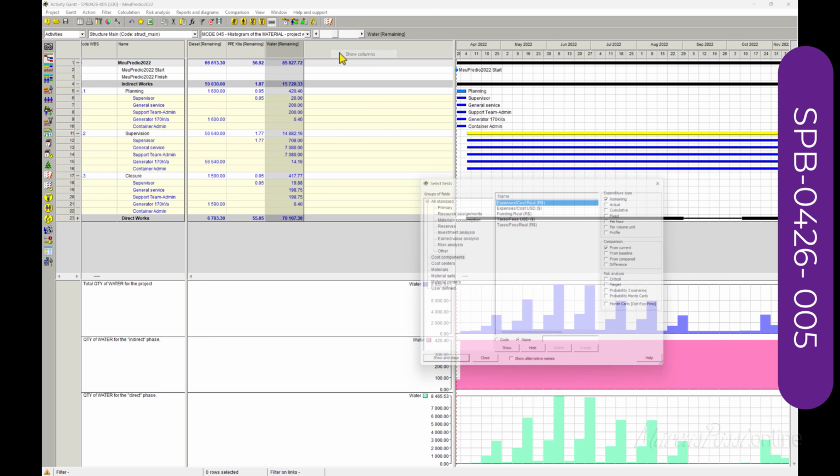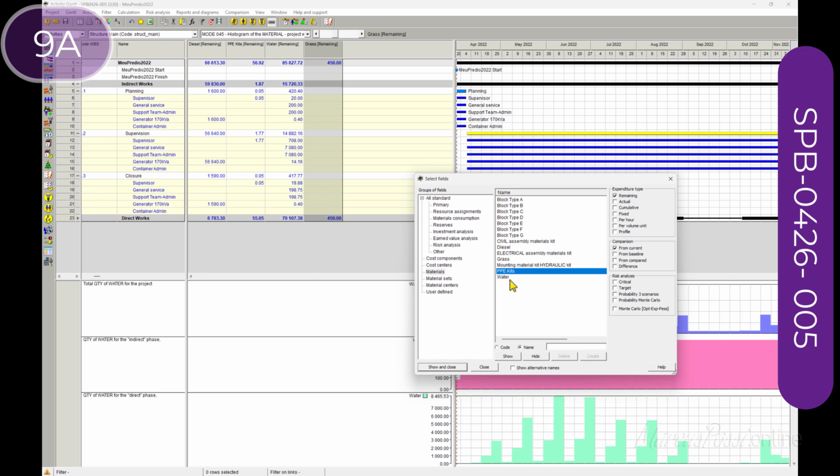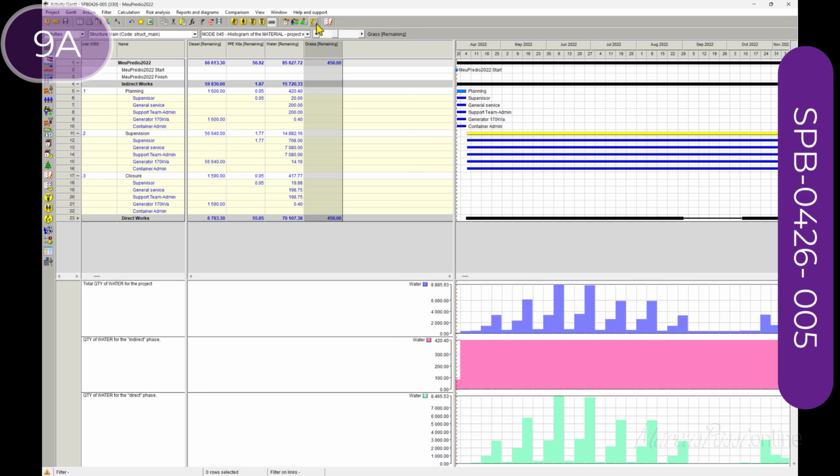Let's see. Show columns, materials, diesel. We could show also grass, PPE kits, water. Okay. We could also see mounting materials. I don't think so. Okay, let's calculate again.